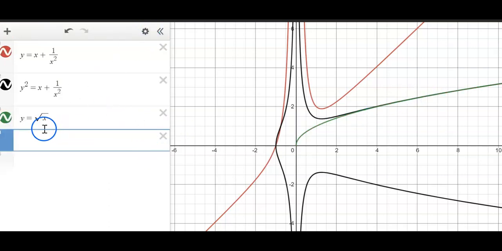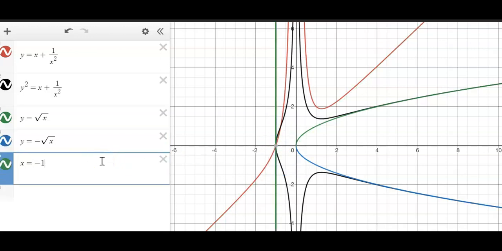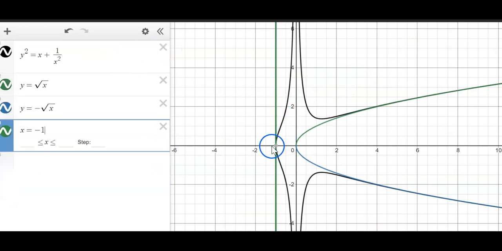And we can see it's pretty much what it should be. Okay, so including this curved part here, this line x equals negative 1 really should be tangent to the black curve at that point. Okay, so that'll do for this video.